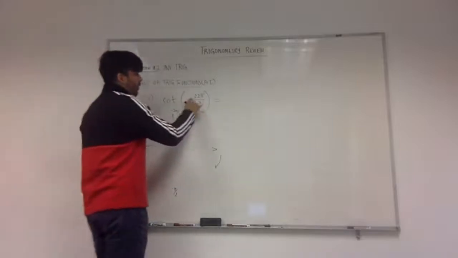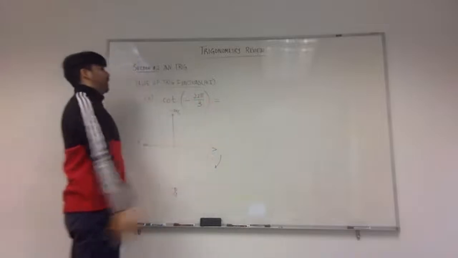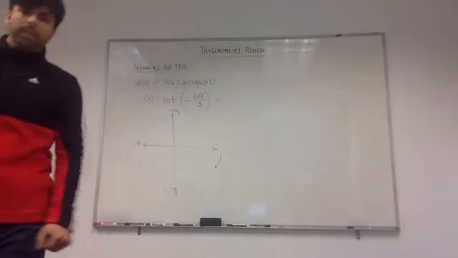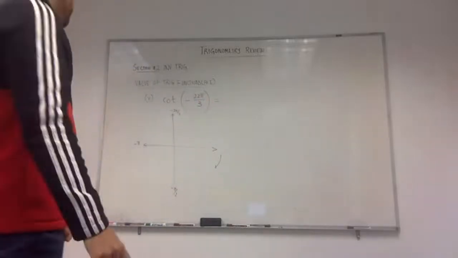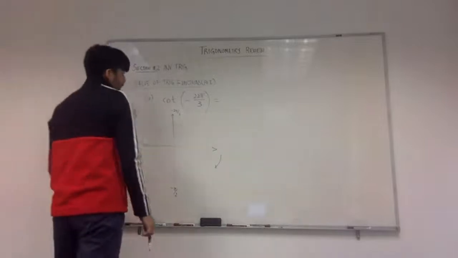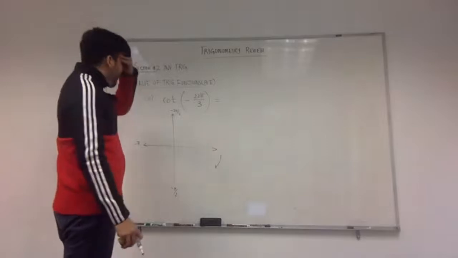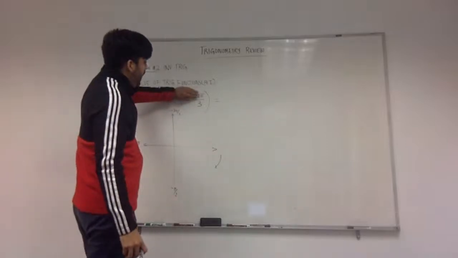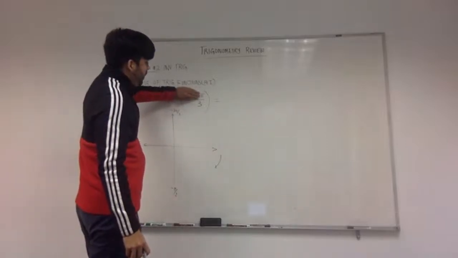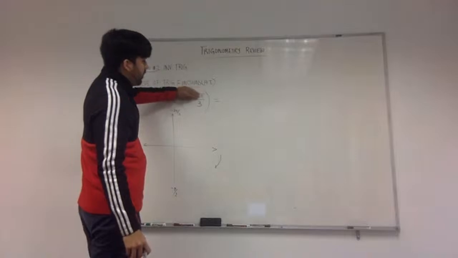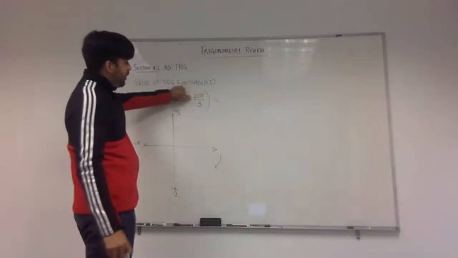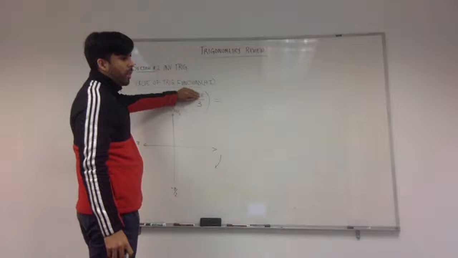So I have negative 22 pi over 3. Now this is when it gets a little crazy. Now what is 22 pi over 3? Whenever we deal with this kind of situation, I always like to not consider the number in front of pi too much, and just look at pi over 3.